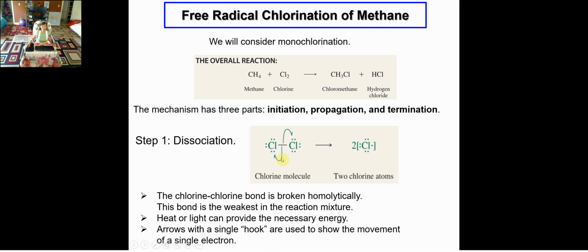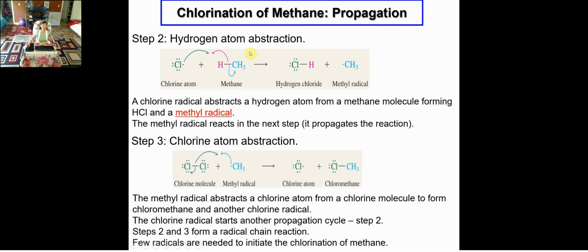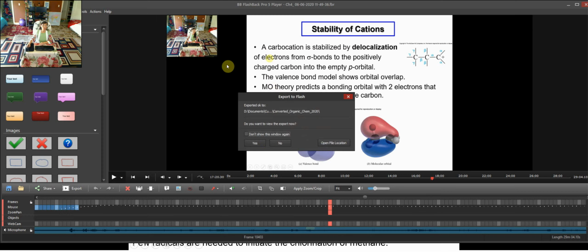Again, each of the atoms is going to retain one of the unpaired electrons. And then the second step: you have your hydrogen in your methane, and your chlorine atom has one electron which is not paired.